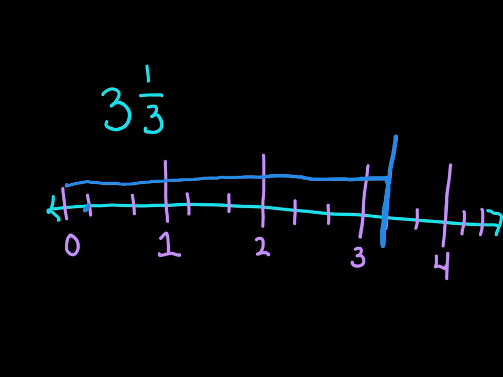So we go 1, 2, 3, 4, 5, 6, 7, 8, 9, 10. So this right here would be 10/3. So 3 1/3 is equal to 10/3.